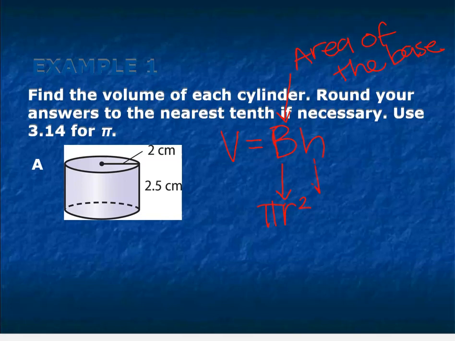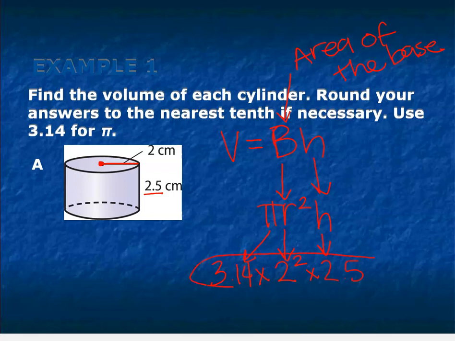Pi is 3.14. R means radius, which is from the center to the edge of the circle, so it's just half. For this cylinder, the radius is 2, so we're going to write 2 squared times the height of the cylinder, which is 2.5.